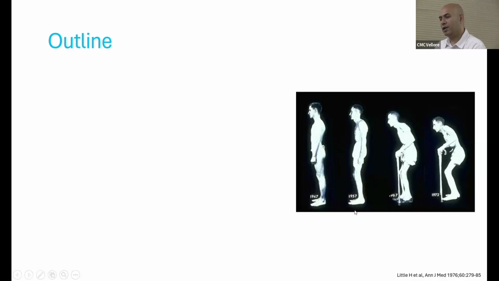This was 57, after he was diagnosed with spondyloarthritis, or seronegative spondyloarthritis as it was called then. Then this was his stooping posture in 67, and in 72 he was bent quite a bit. Then there is another picture which I didn't put up, post hip replacement, where his stooped posture gets corrected a bit.